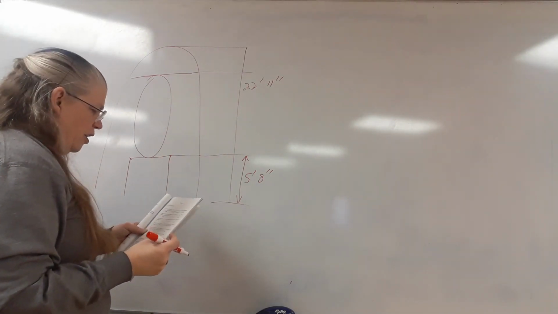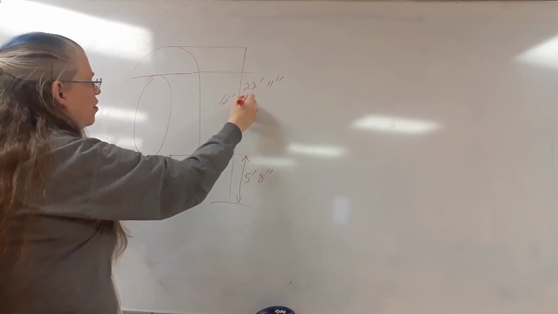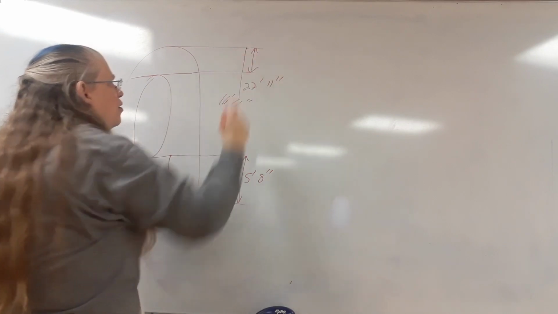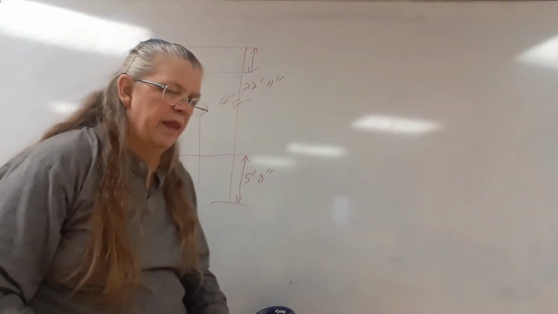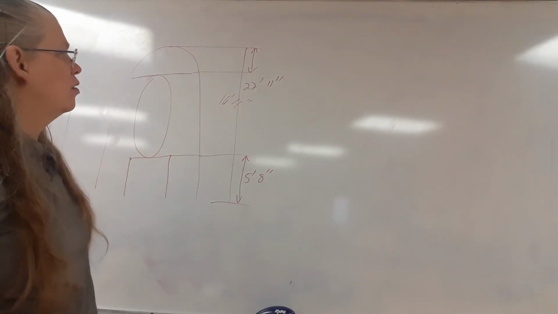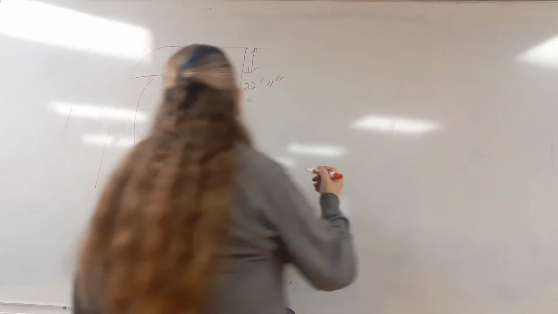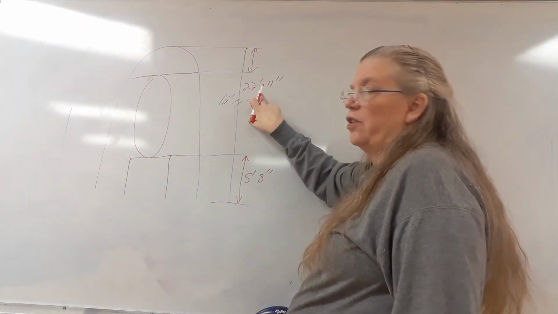And the helicopter is 16 feet 11 inches. And they're asking how big this space is here. Okay? There's 2 ways to do this one. We're going to subtract these 2 numbers from this 22 feet 11 inches.